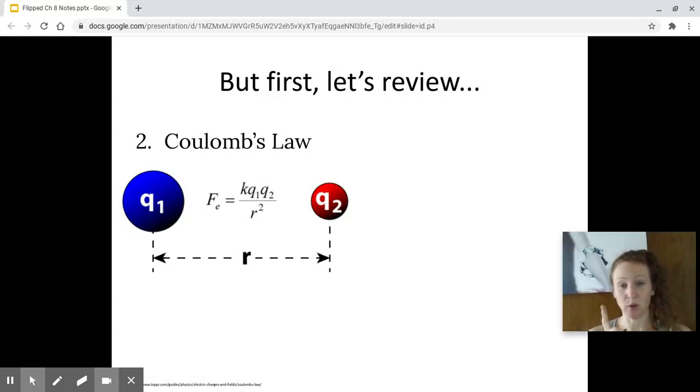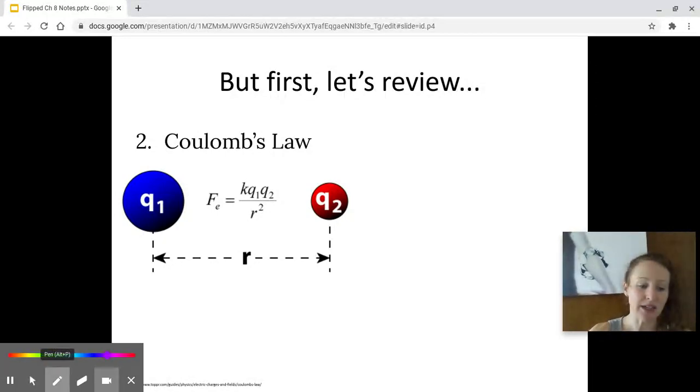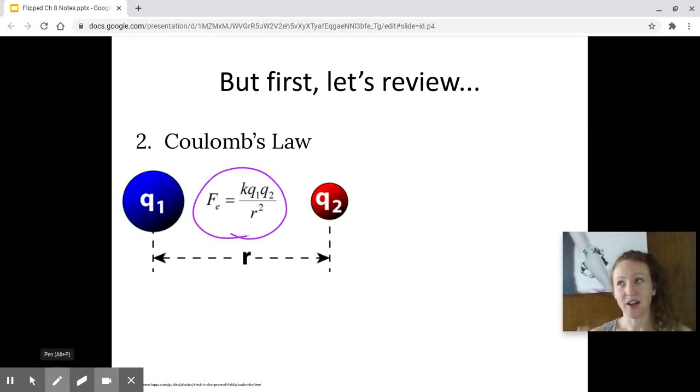If I were to pick the most important equation to our chemistry class, I would choose Coulomb's law. Not because we use it or calculate off of it a whole lot, but because it's a central concept, a driving factor to almost every topic that we talk about in chemistry.